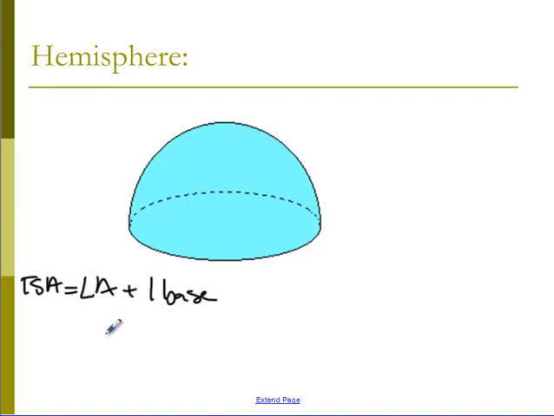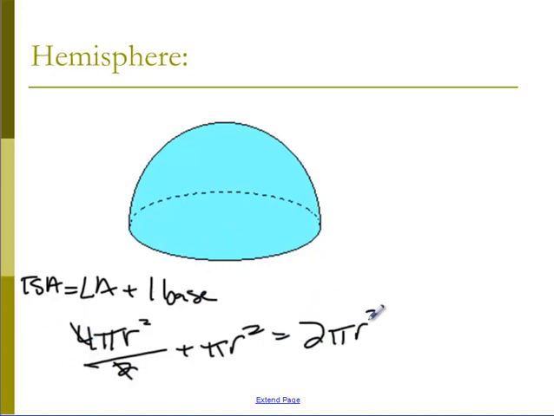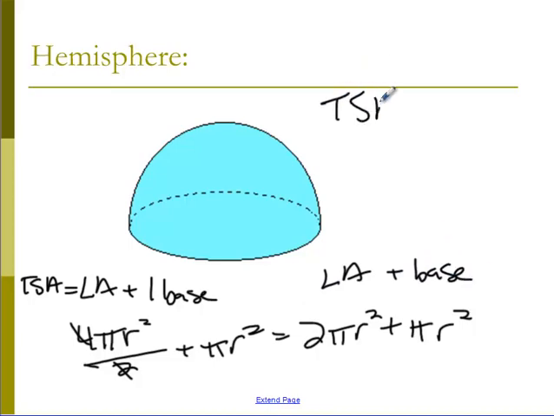The lateral area, it's half of a sphere. 4 pi r squared over 2 because it's half, and then pi r squared because the base is a circle now. 4 and 2 cancel out. I get 2 pi r squared plus pi r squared. So you could think of it this way as lateral area plus the base, or we could think of it as adding these two together because they are both pi r squareds and giving 3 pi r squared.